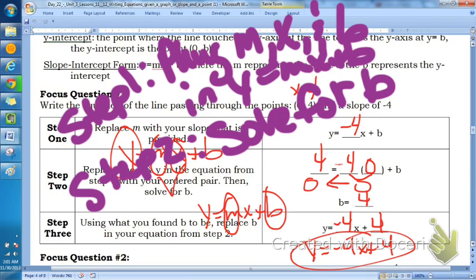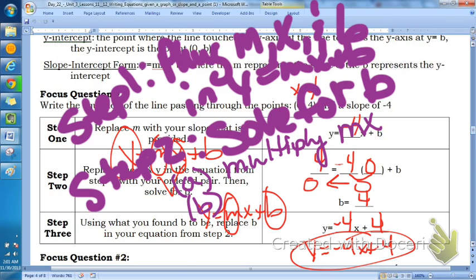Let me change my pen size here a little bit. To solve for b, you have to do two things. First, you have to multiply the m and x together. Then you have to move that value to the other side.